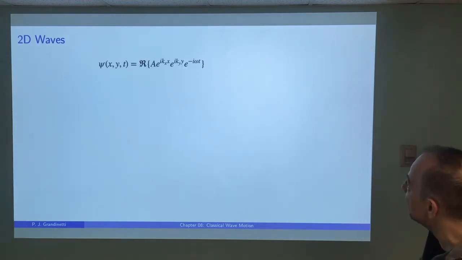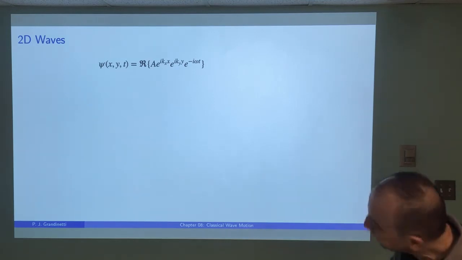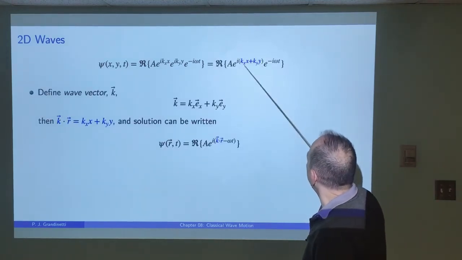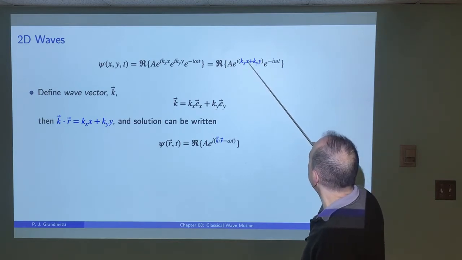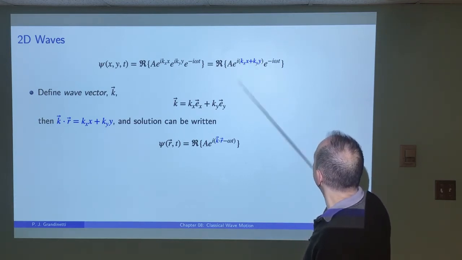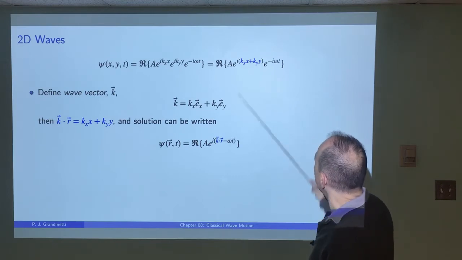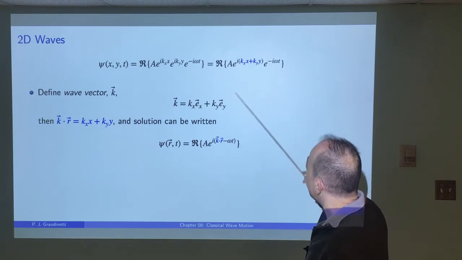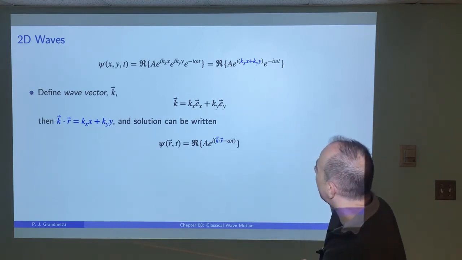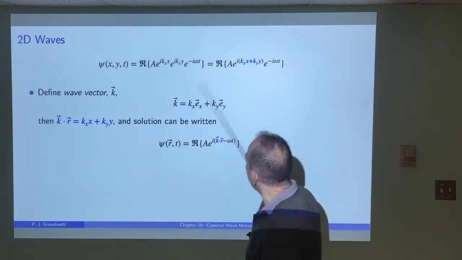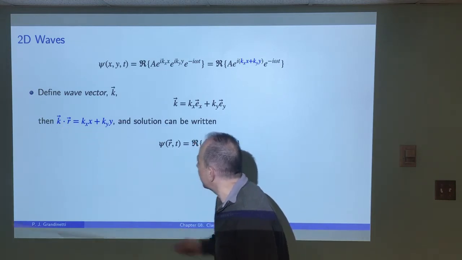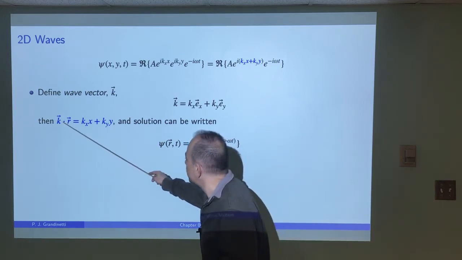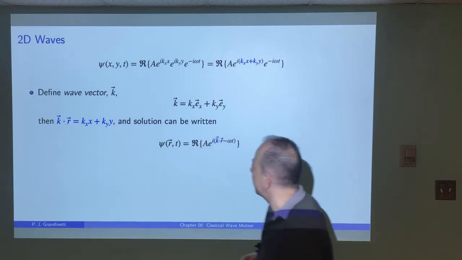Okay. Now, if I take that solution there and do a little rearranging, I'm going to group together the part that depends on space here. So kx times x plus ky times y into this term here. And this part right here in the exponent, I can actually identify as a product of a vector that I'm going to define called the wave vector, k, which is the dot product of that k with the position vector.